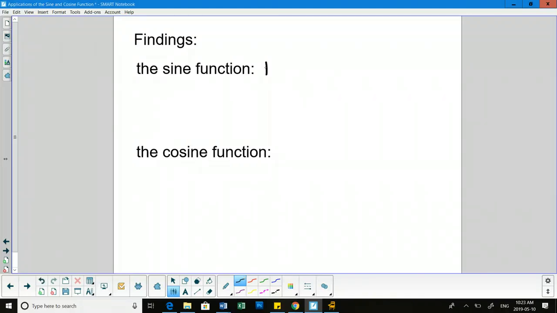So because the sine tracks the y coordinate, it tracks y because sine of theta, we know from last chapter, is y over r. And if we talk about the unit circle, the radius is equal to 1. So the sine is equal to that y coordinate when we talk about the unit circle.